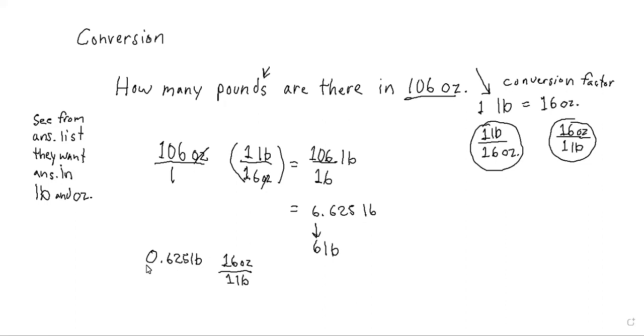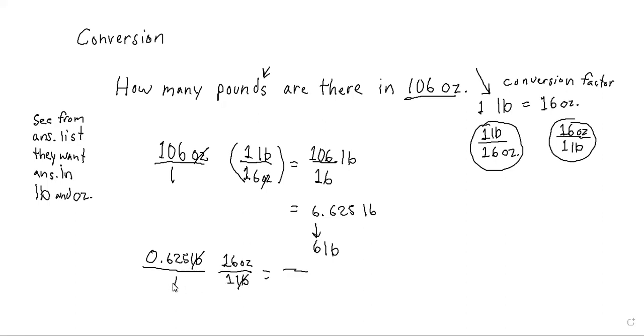Okay, now again, we have to have all the numbers in fractional format, so we just put a 1 underneath the 0.625 pounds. And we do the same thing. We multiply the tops across the bottoms. We cancel out where possible. So we see here that we have the units of pounds in the top and in the bottom. So again, whenever we have a matching pair of units in the top and bottom, we can just cancel those out. So this unit of pound cancels out with this unit of pound, right? Now we go ahead and multiply across.